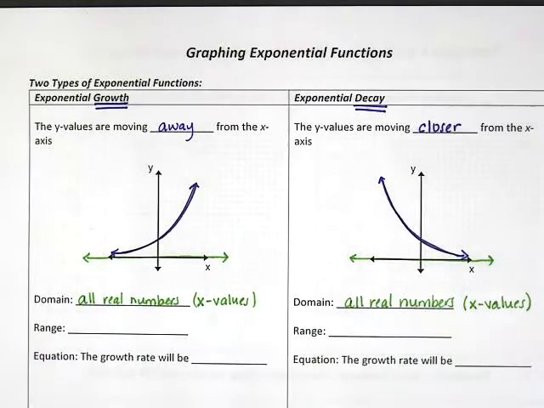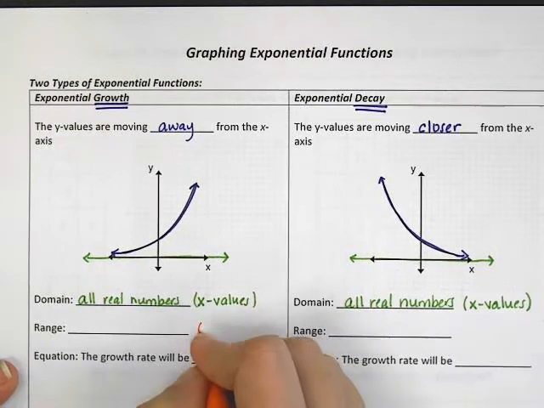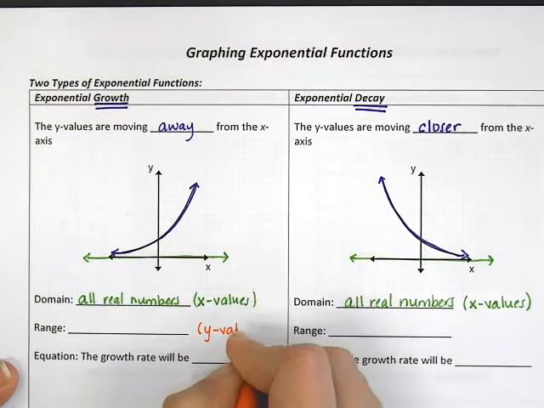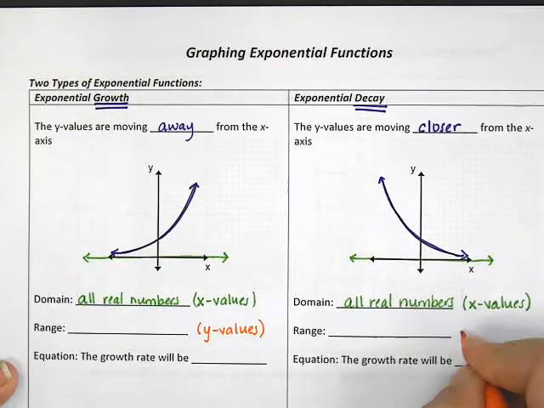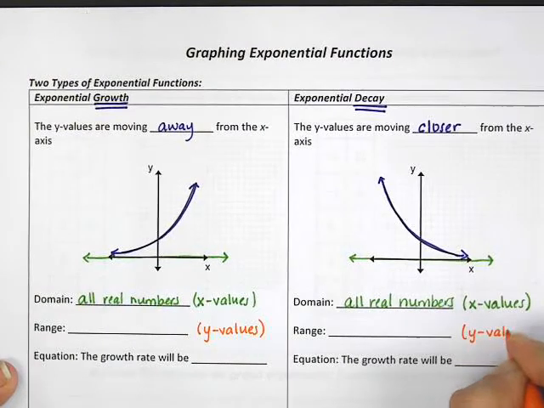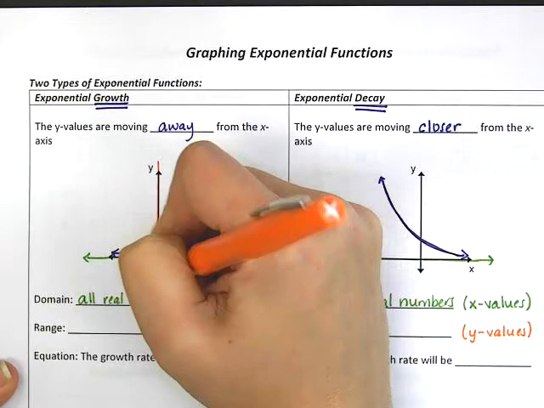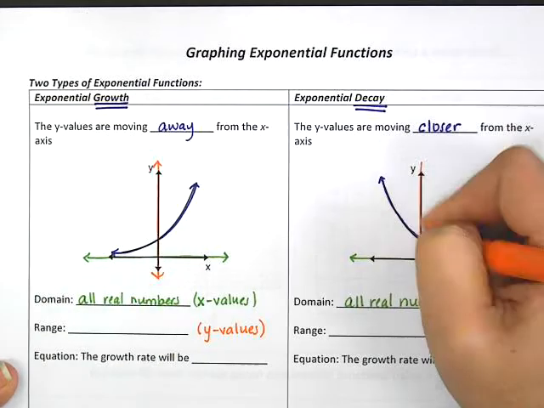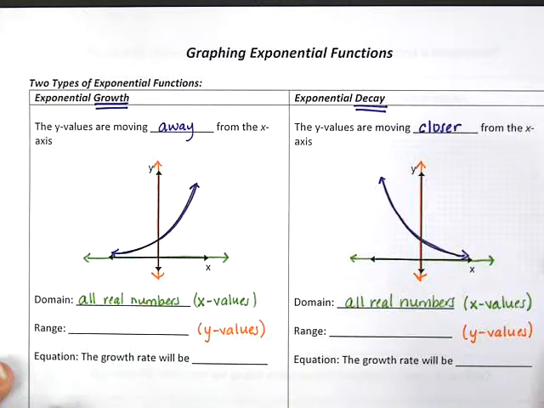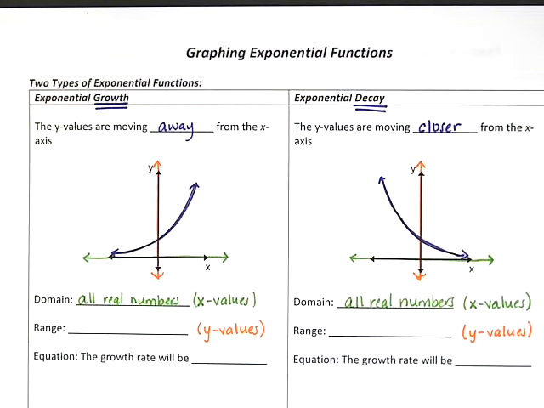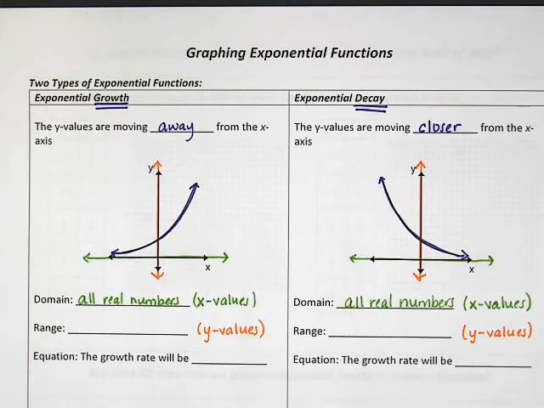Range, on the other hand, is talking about the y values. So this is describing how far up and down the graph goes. Because these graphs are not lines, because they're curvy and they kind of flatten out, it means that our range is going to be limited.